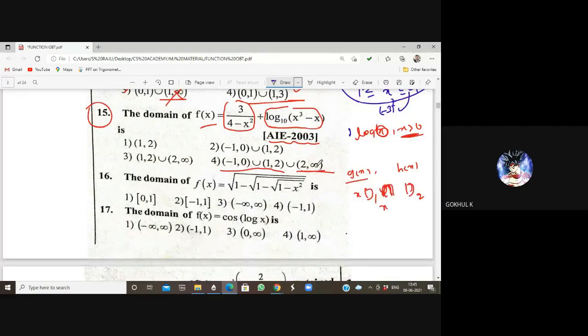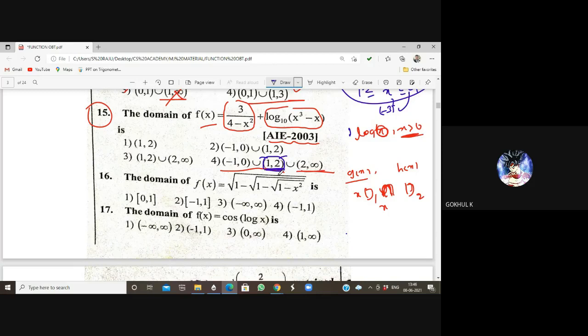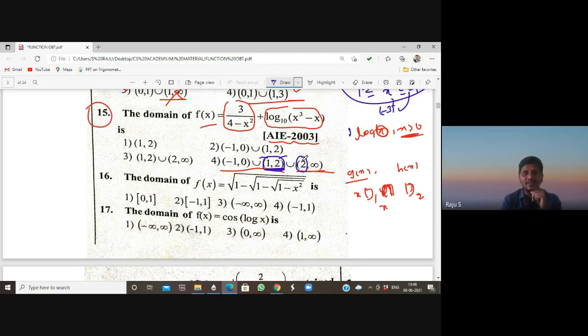But for positive values, after 1, it would exist, no, sir? So we are taking 1 comma 2, no? For 1 to 2, every value exists other than 1 and 2. At 2 this does not exist, because the first function exists at 2.